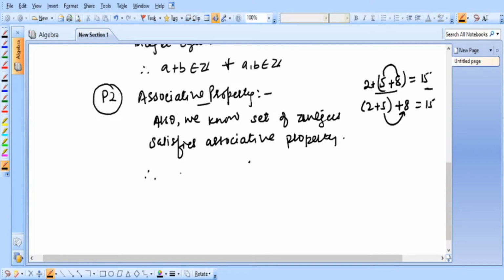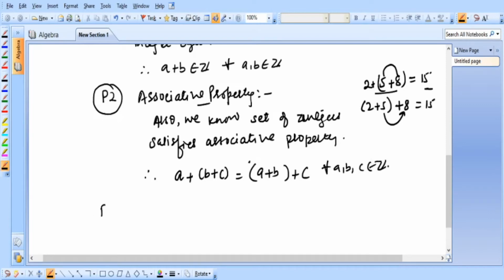Therefore (a plus b) plus c is equal to a plus (b plus c), which is a basic rule, right, for all a, b, c belonging to Z, right?